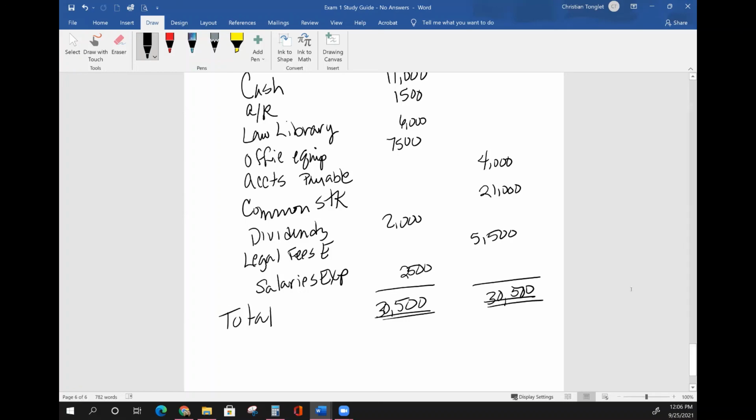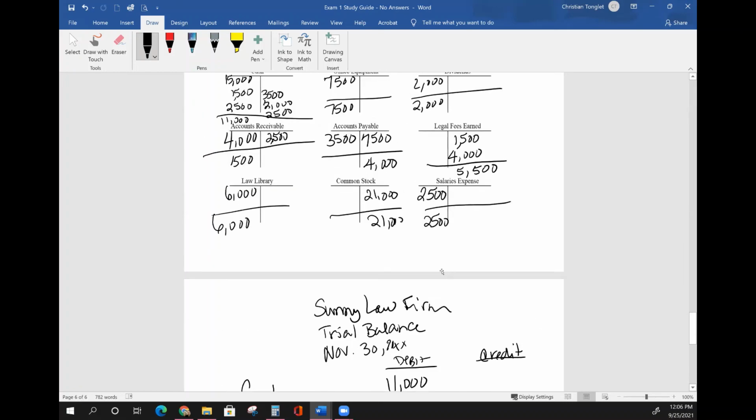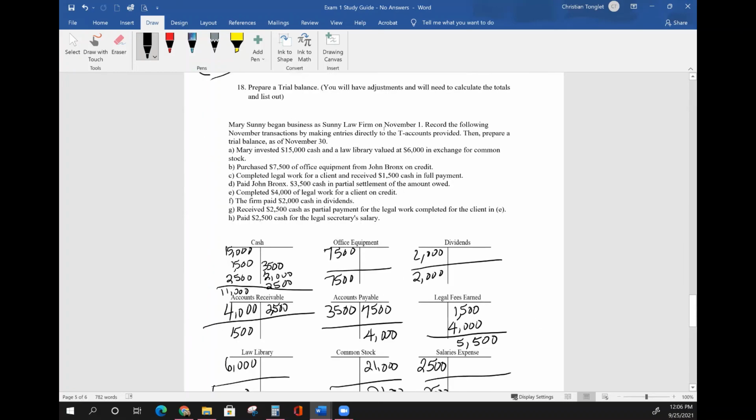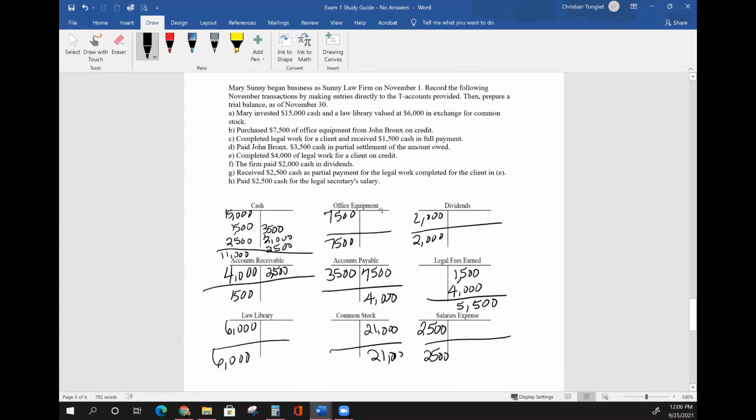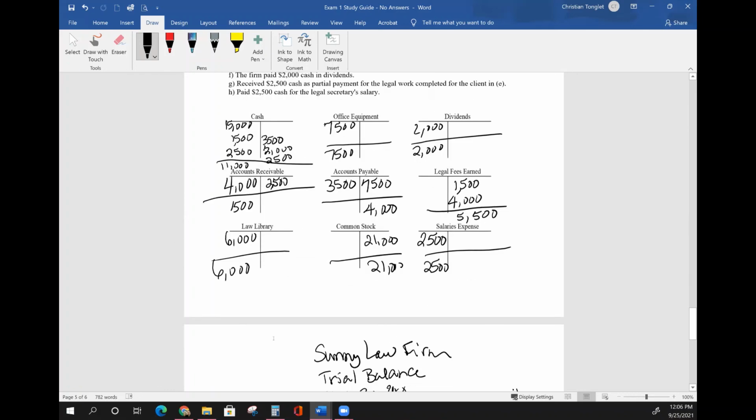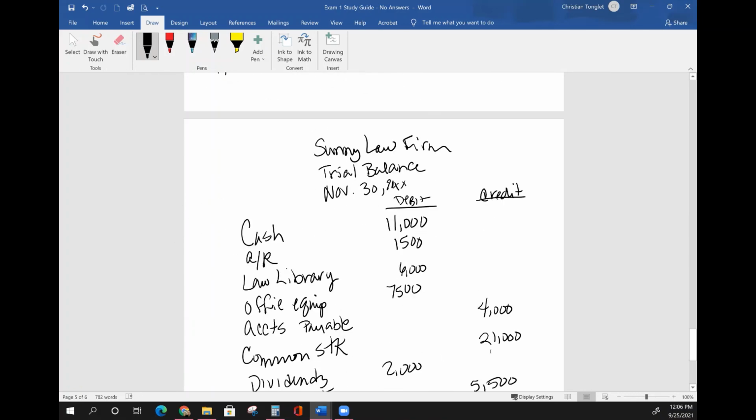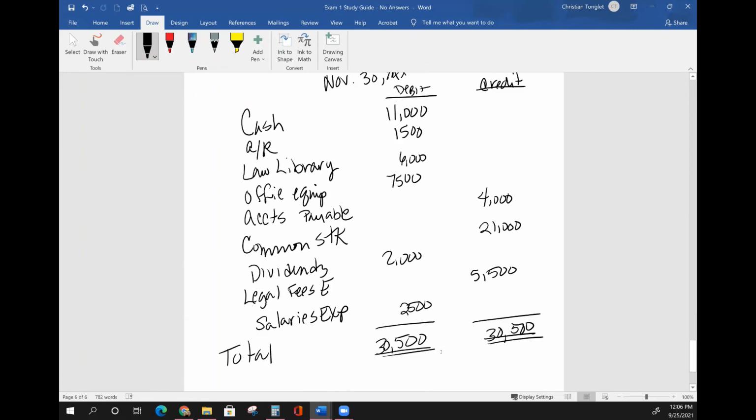Okay. So I went through all the transactions that happened, put the amounts in under the T accounts so I can keep a log of what was happening in each of the accounts. And then I totaled them up. Once you have the totals, you can just list them out, put debit and credit, and they should be the same on both sides.